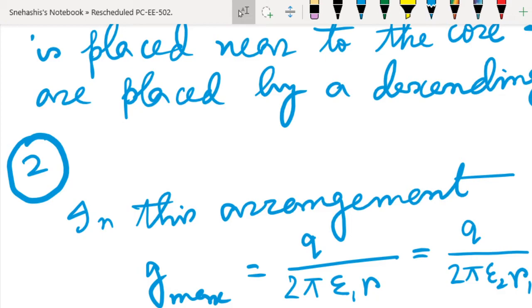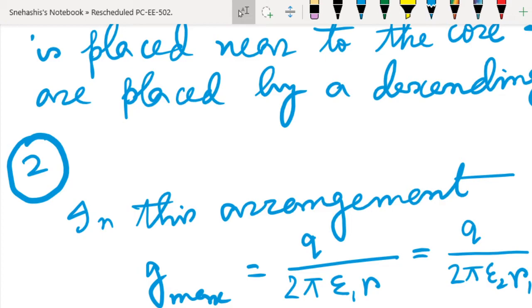So from this equation we can easily write that epsilon 1 r equal to epsilon 2 r1 equal to epsilon 3 r2.